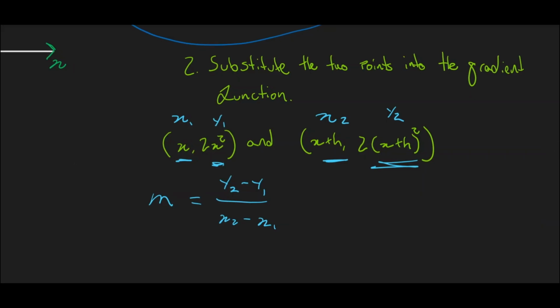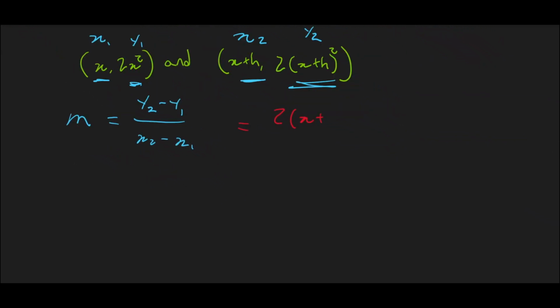So let's do some substitution. We have 2 times x plus h squared, that's y2, minus y1, 2x squared, over x2, x plus h, minus x.